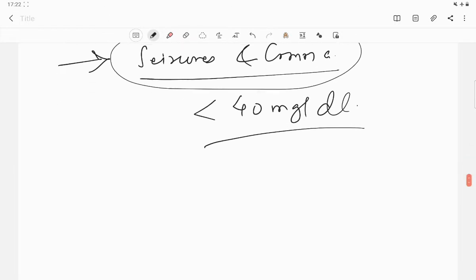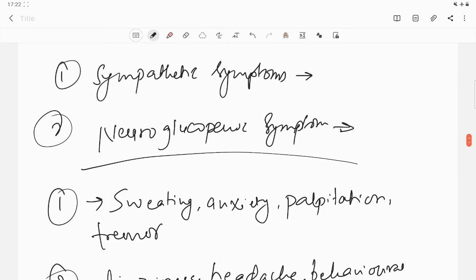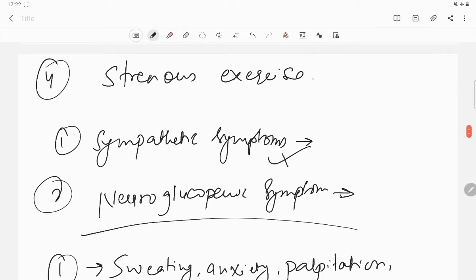It is generally seen that these sympathetic symptoms occur before the neuroglycopenic symptoms, and this is useful because it is a warning that we are having hypoglycemia and we need to have glucose.